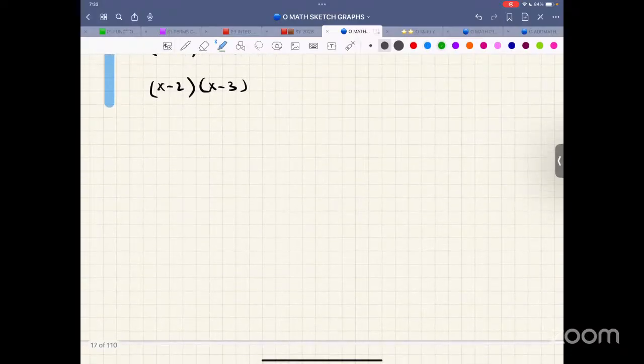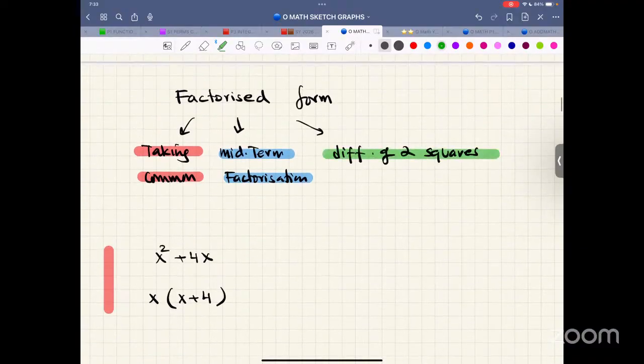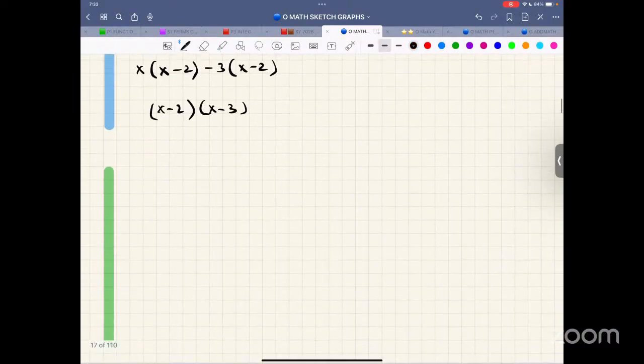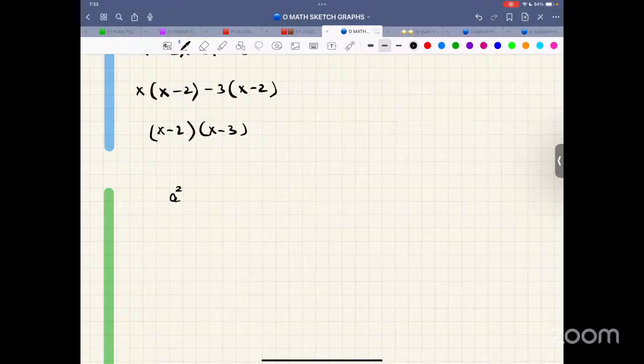And then we talk about difference of two squares. We know that a square minus b square is a plus b, a minus b.